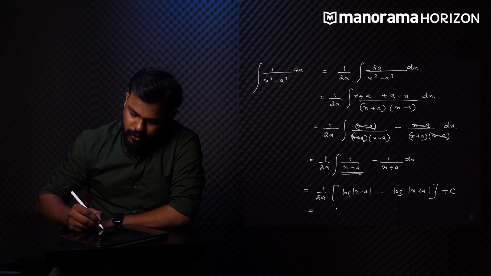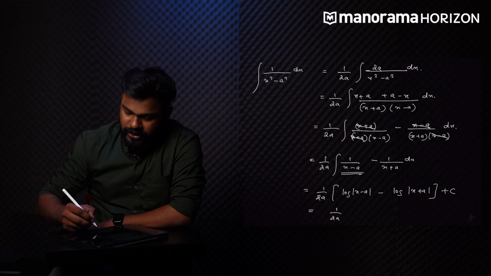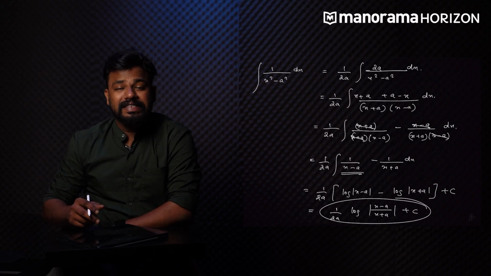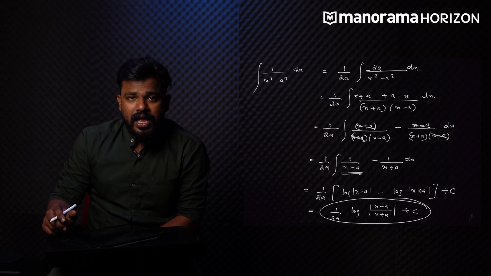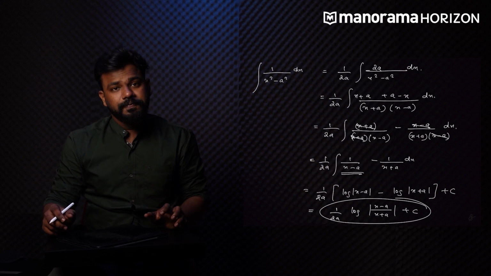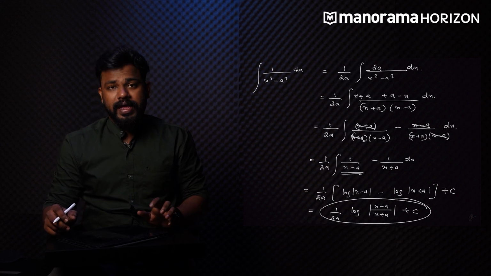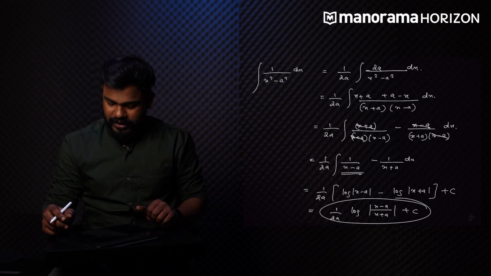Now this 1 by 2a, log mod x minus a minus log mod x plus a, is log mod x minus a by x plus a plus c. Now is this the same that we got before? Yes. So this is how we find the integral for 1 by x square minus a square dx.